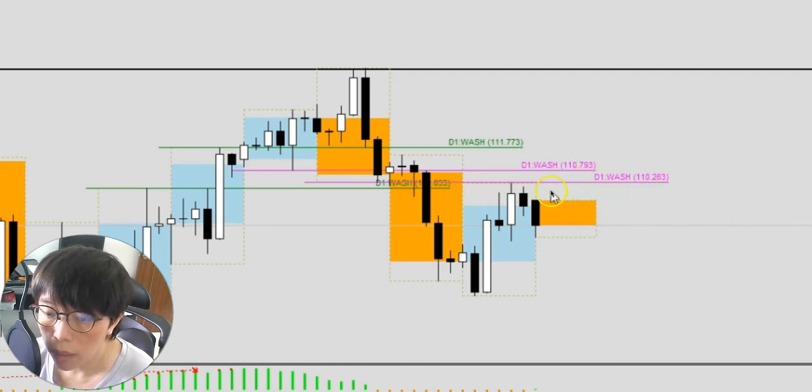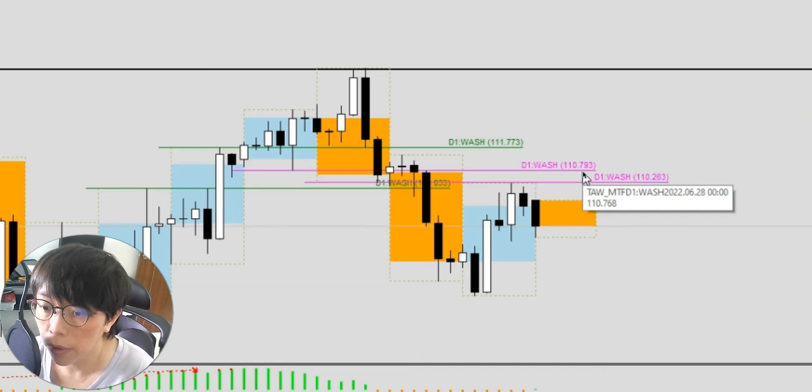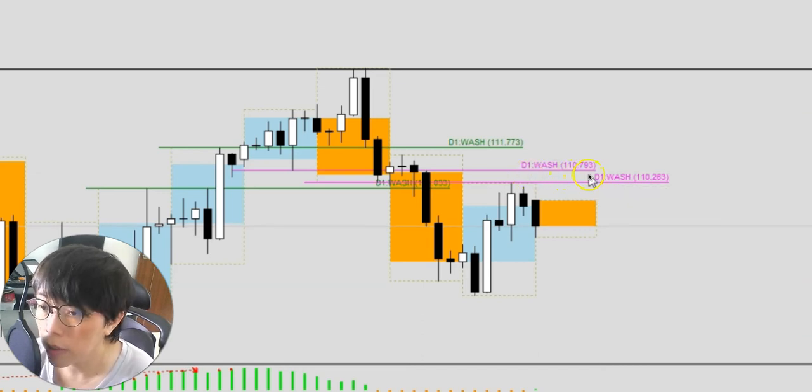But if you don't want to take such a high risk, you can say I want to sell at 110, and my stop loss would be, let's say, 800 points, which is 80 cents. Because you know that the day watch is 110.79, you want to put it higher than 110.79.